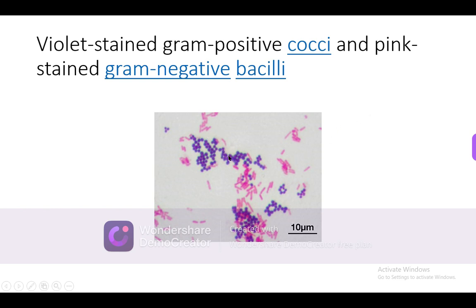Because of the crystal violet, the gram-positive organisms appear violet, a purplish violet color.